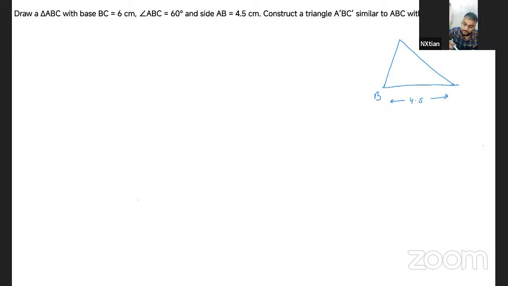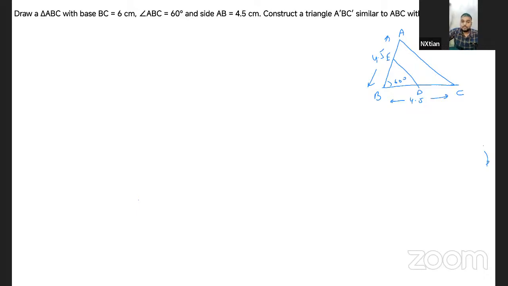The base is BC. This is 60 degrees, and AB is 4.5. Then I have to make this with the ratio of DE, with the ratio of 5:6.